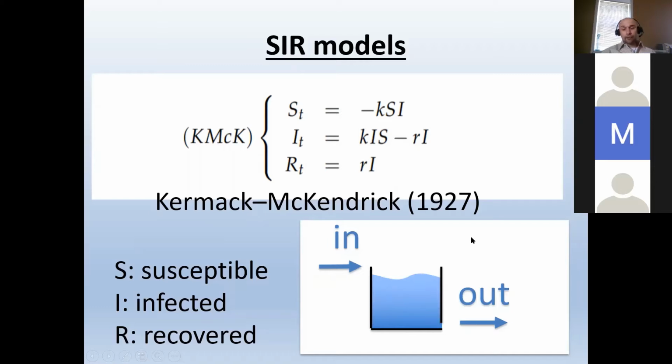But if the rate at which people are getting infected is smaller than the rate at which they're recovering, then you decrease. And that gives the waves. If you've seen the TV, they talk about the first wave, the second wave, and so on. Well, that's the main idea of the wave.